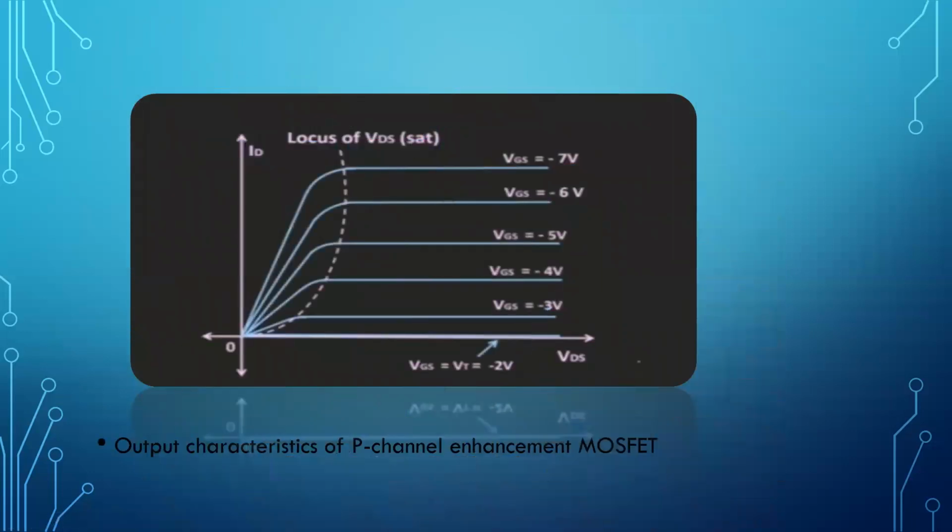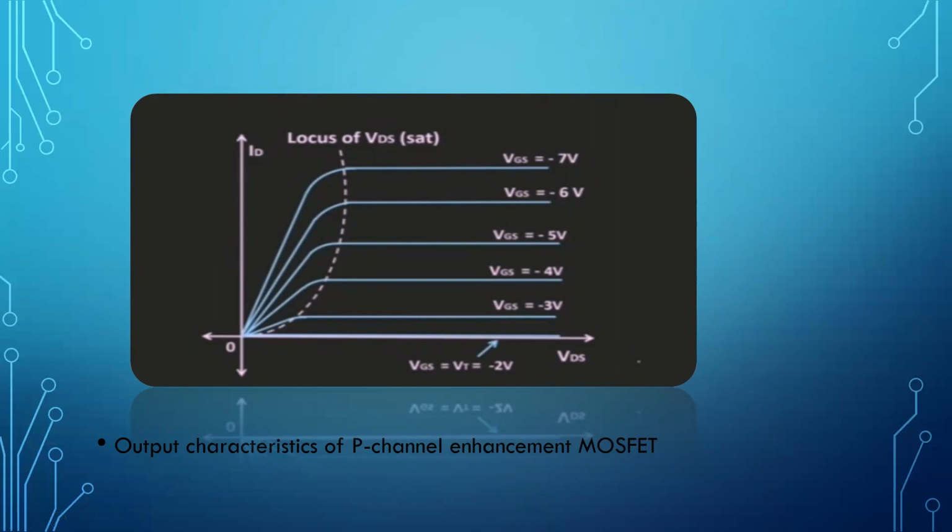Now we can see the output characteristic of the P-channel enhancement type MOSFET, the curve between VDS and ID. Here the voltages VDS and VGS will be negative, and the drain current ID will flow from the source terminal towards the drain terminal.